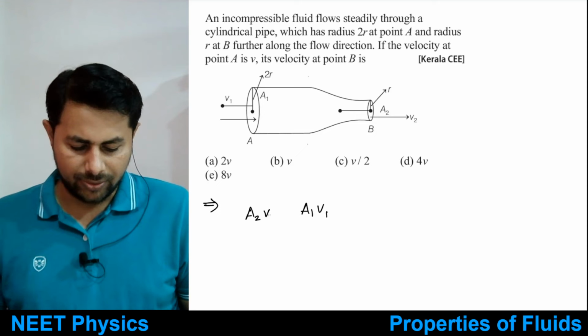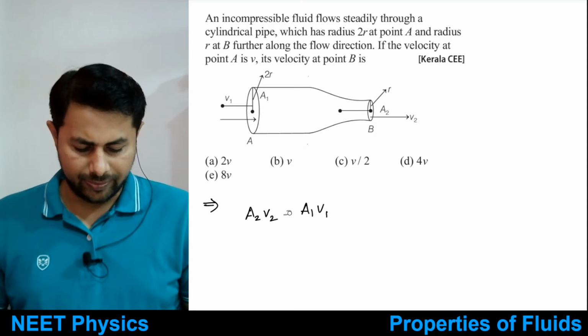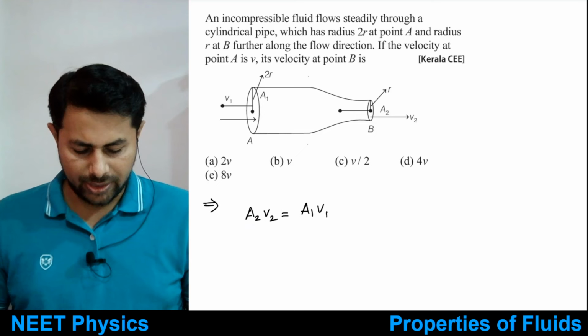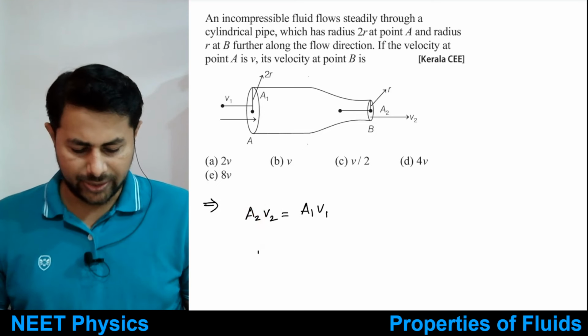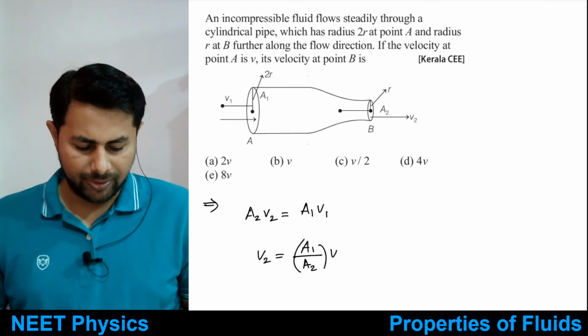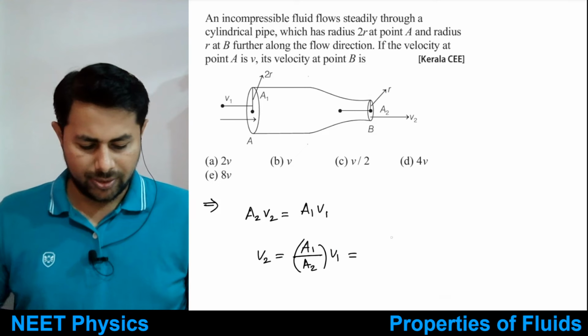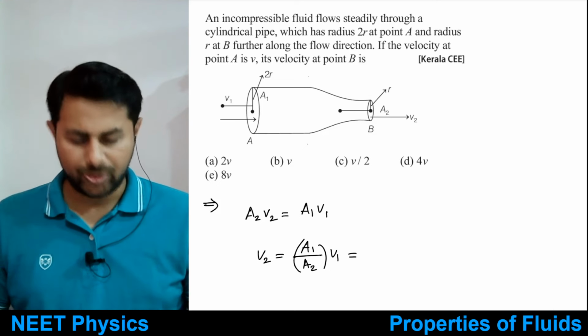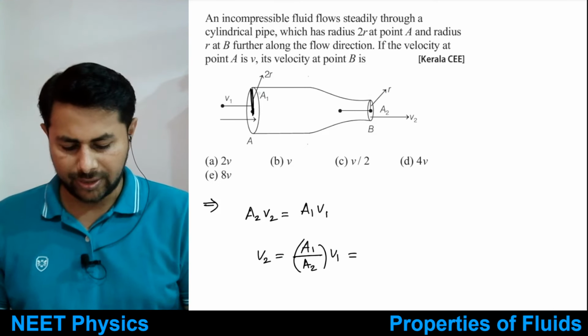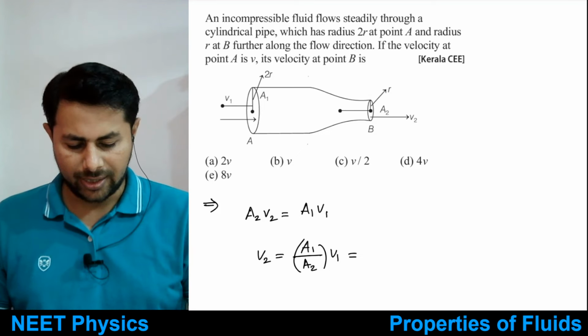So A2 V2 is equal to A1 V1, and then move A2 on that side. What you get is V2 is equal to A1 divided by A2 multiplied by V1, right? This area is directly proportional to radius square. Radius here is 2r, radius here is r.